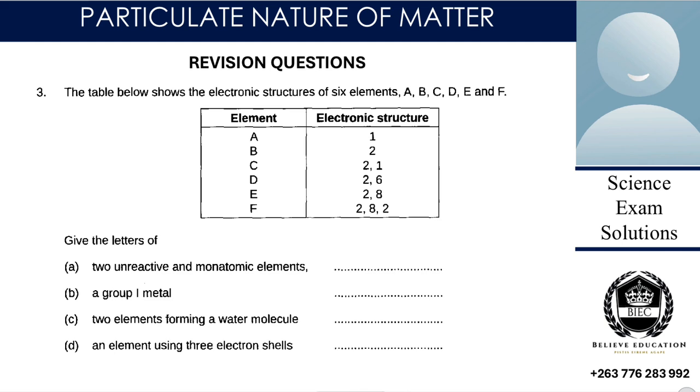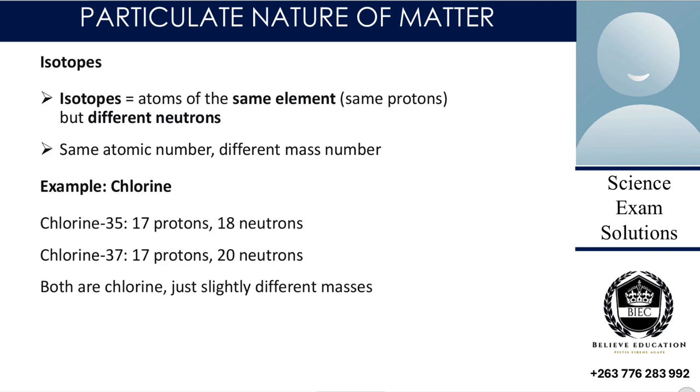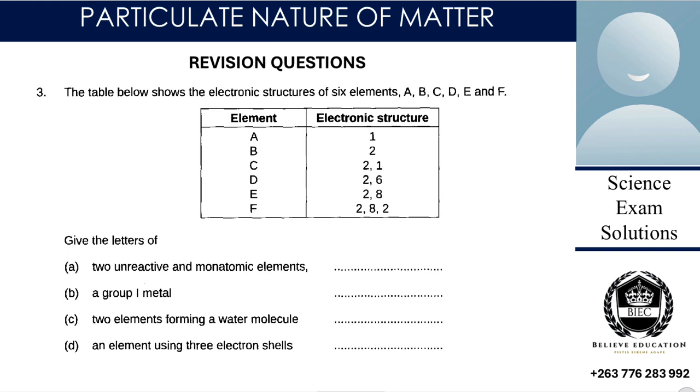Then for this one you're comparing, but the tip now is that you are using what? You're now using electronic structures, but these electronic structures are in written form. So mind you, you are primarily looking at what? At the last value. So when you finish this, our next lesson will be looking at what? At isotopes.